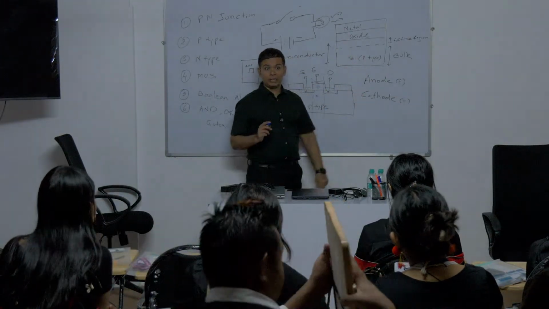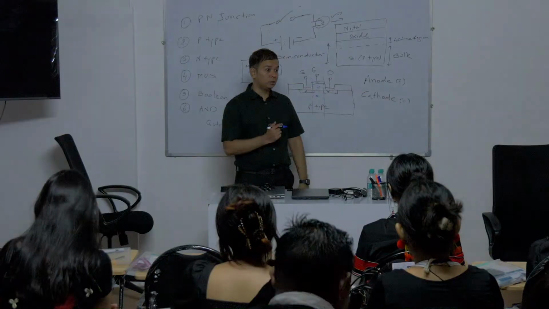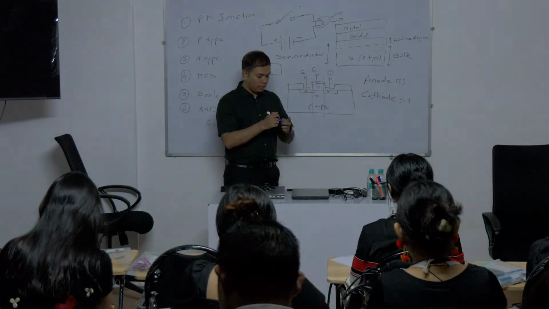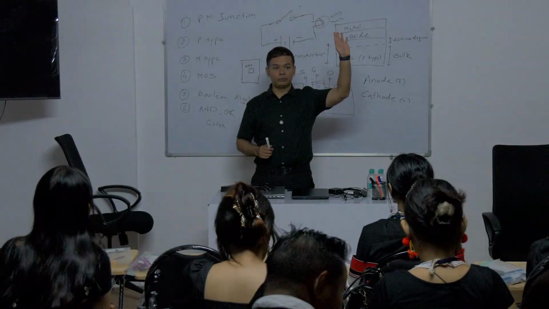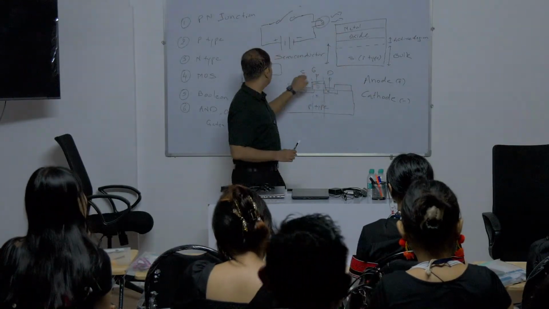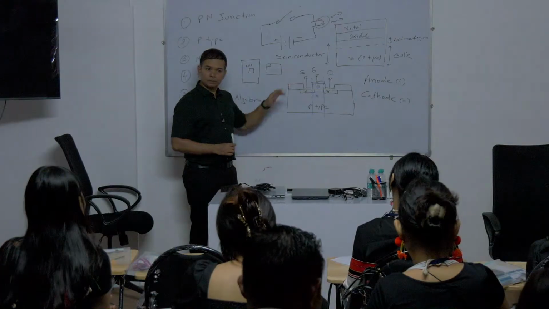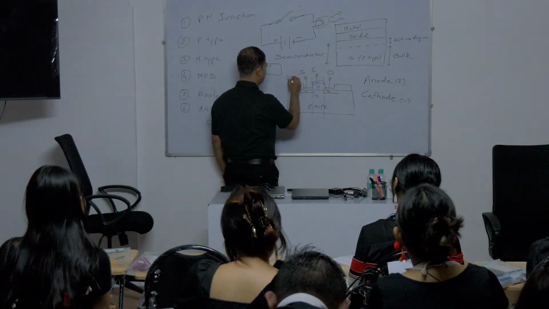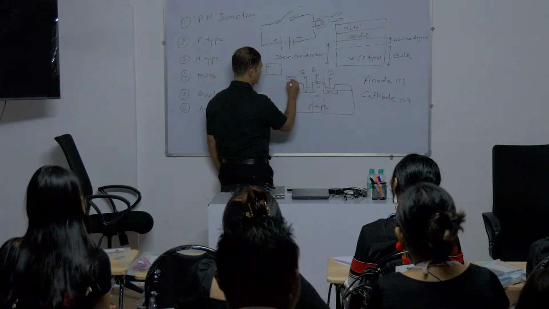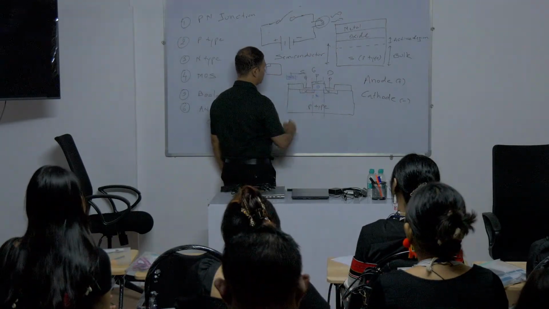So why should we study that first? Because I gave you an analogy as well, that you have an overhead tank which is filled with water, which is on this end. Let us say that we have an overhead tank, right? This is connected to the source.